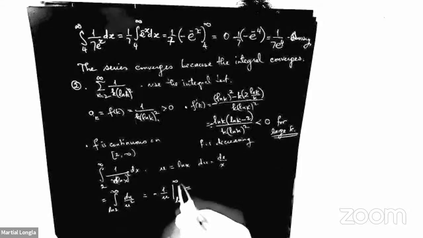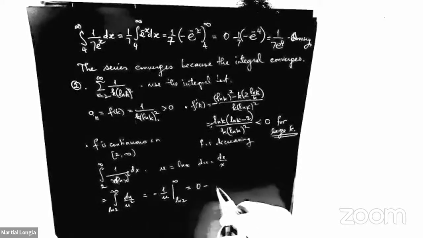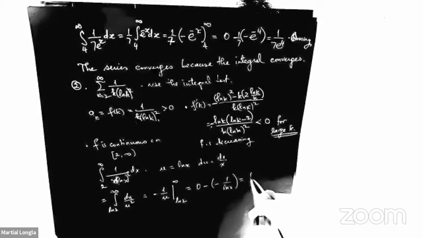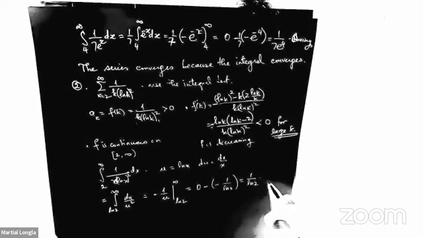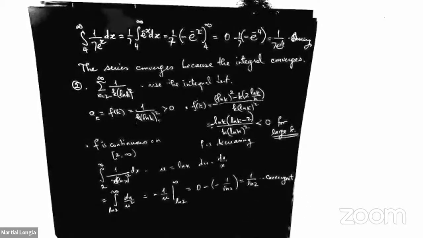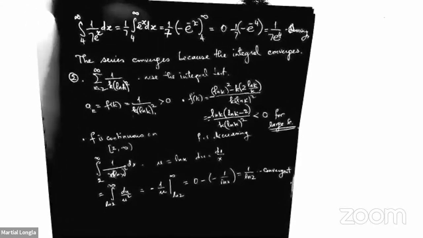When you plug in infinity, negative 1 over infinity is 0, minus minus 1 over natural log of 2. So the answer is 1 over natural log of 2. This is convergent, because this is a finite number. If it was infinity, then we would say it is divergent.